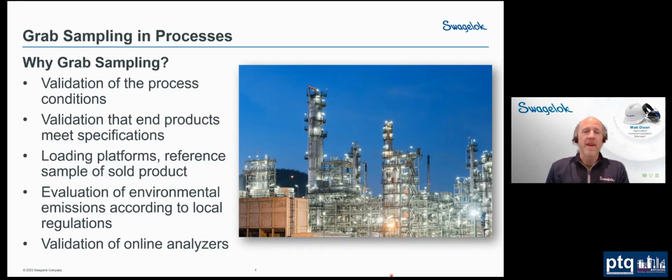And then also online analyzers. With online analyzers, you really do need to periodically validate the results they are giving you. Online analyzers are great in that they give you essentially a real-time result, but you do need to periodically validate that. So anytime you have an online analyzer, you've got a grab sample system that's typically associated with it.